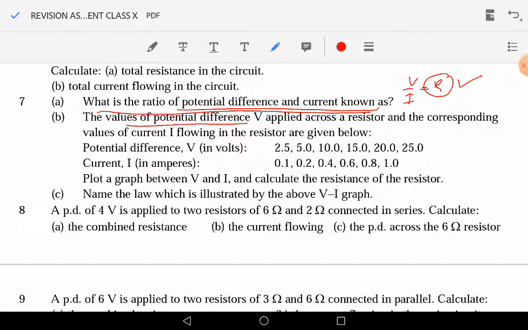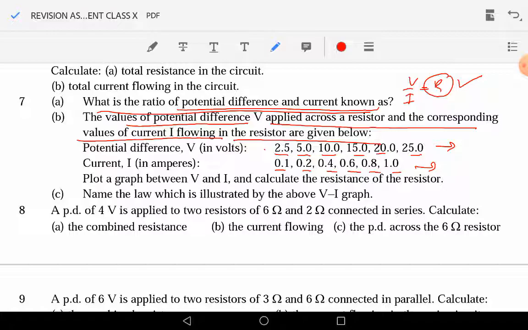The value of potential difference V applied across a resistor and the corresponding value of I in the following resistors are given below. So these are 1, 2, 3, 4, 5, 6 values of potential and 1, 2, 3, 4, 5, 6 values of current.